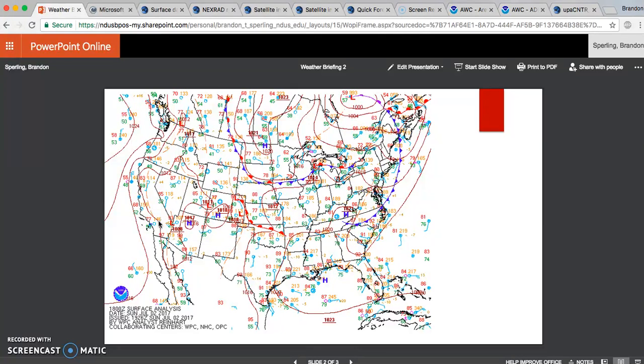Then there's a little stretch of a cold front from about the South Dakota, Iowa border to Lake Michigan, where it hits a low pressure system.